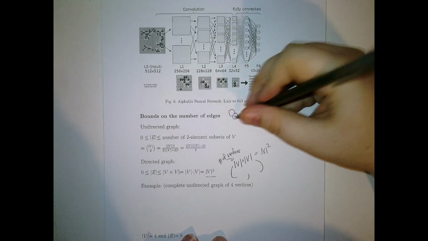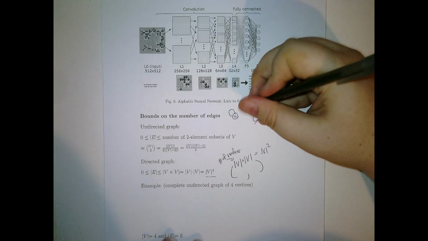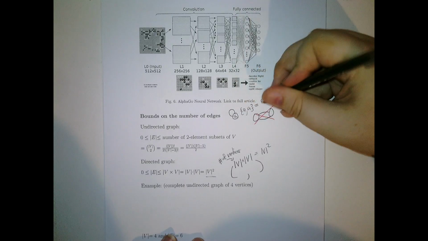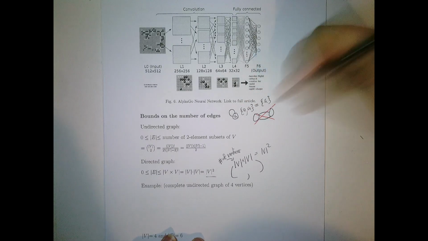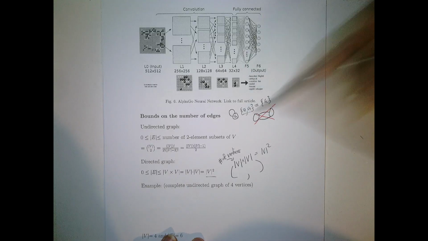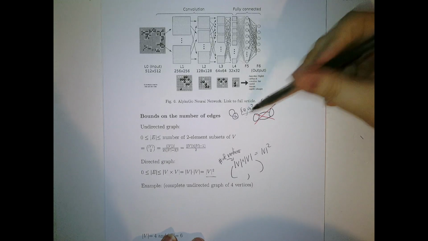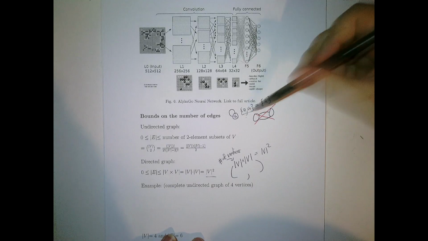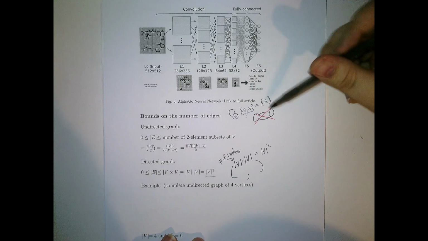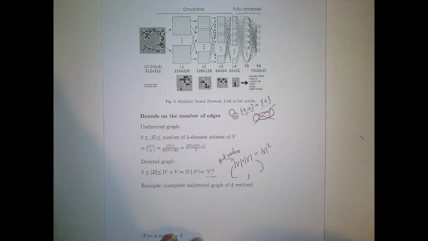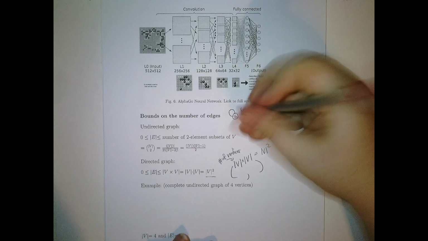So you can't have a loop from A back to A. The reasoning here is a little bit tricky depending on your acquaintance with mathematics. But the idea is you can't have two elements that are the same inside a set. A set only tracks what's in it or not in it. So a set that contains two copies of the same element really is just the same as a set that contains one copy. There's no distinction. So that's not allowed either. Let me cross that off.